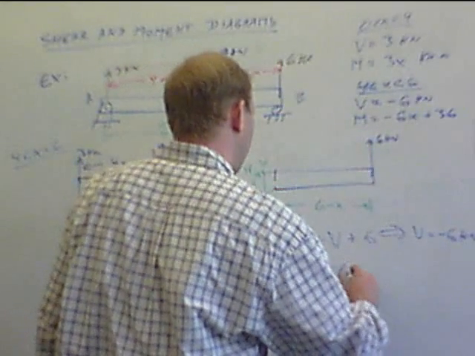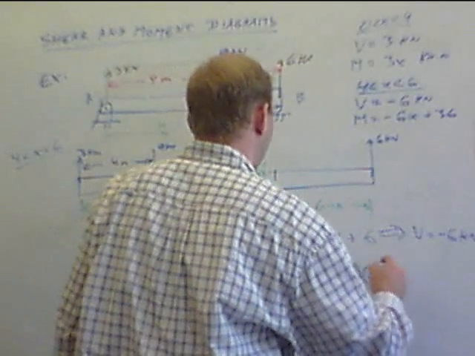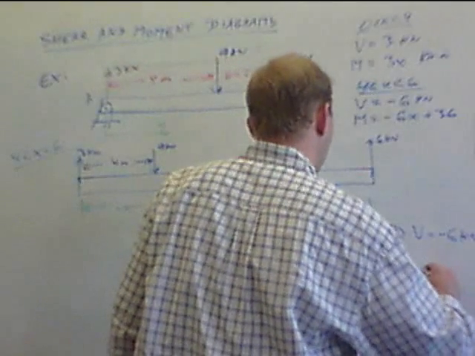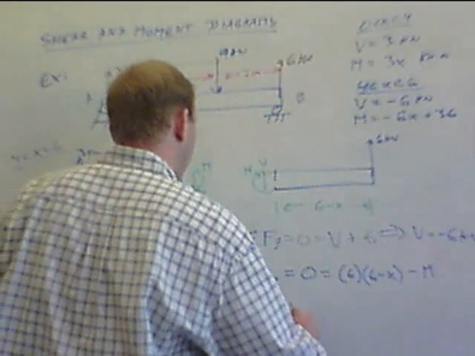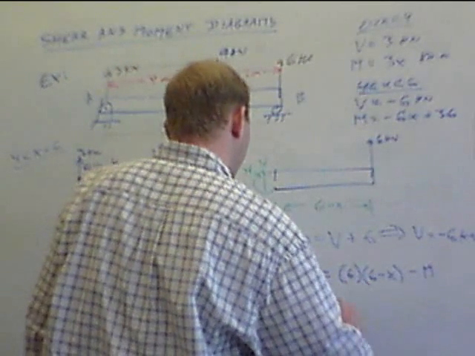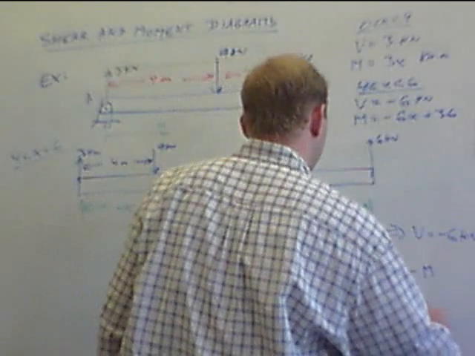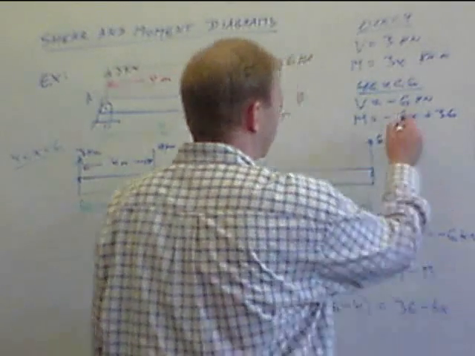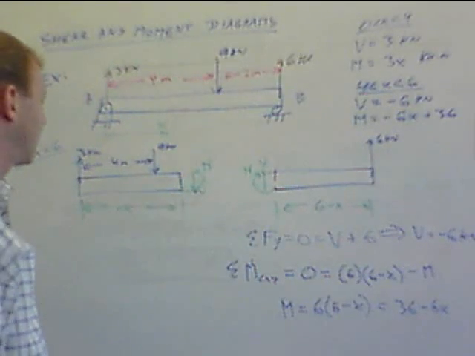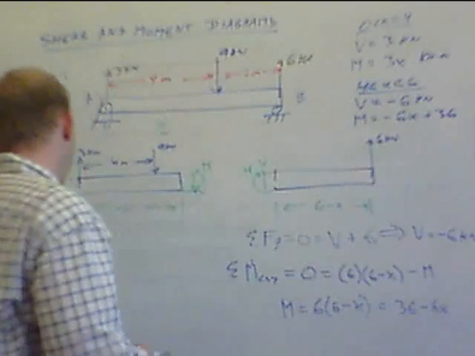This is 6 times 6 minus x, and this is minus m. Okay, so m equals 6 times 6 minus x, which is 36 minus 6x, which is the same minus 6x plus 36. So it turned out the right side was actually a little quicker in this case, but either way, we end up with the same answer.